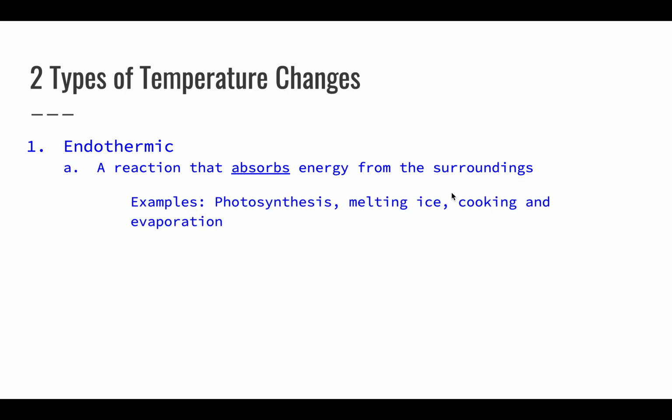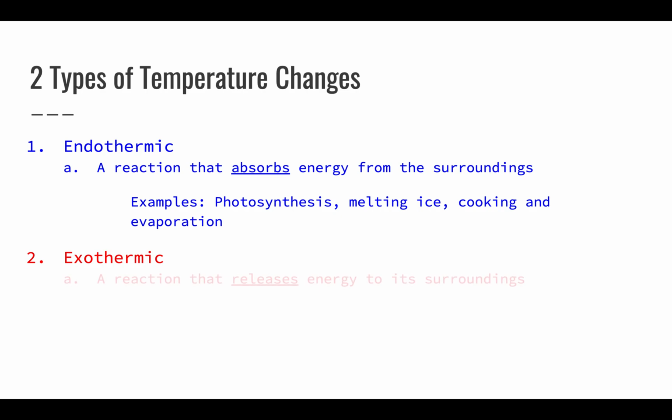An example of this is photosynthesis, melting ice. Okay, an ice cube is going to take in the energy from its surroundings and melt. Cooking and evaporation. Okay, so whenever you cook a pancake, that batter is absorbing that heat from the skillet and cooking that pancake. Okay, the biggest thing that you need to know with endothermic is that it is absorbing energy.